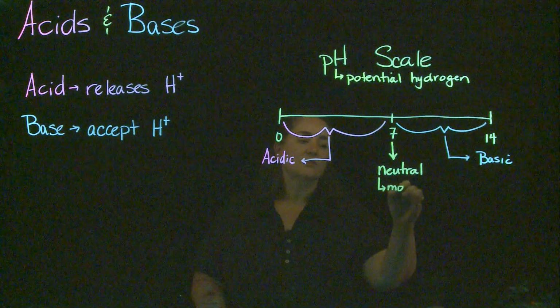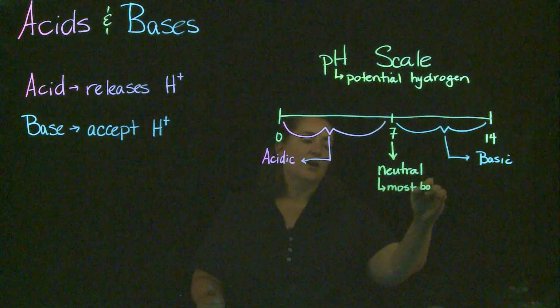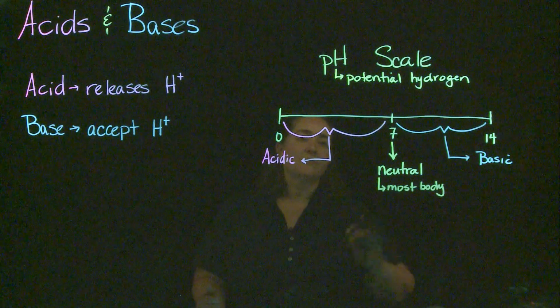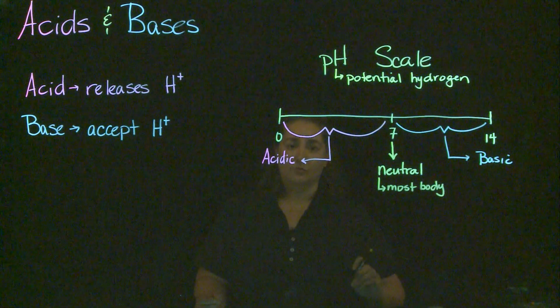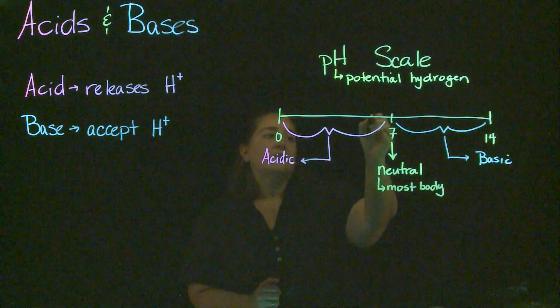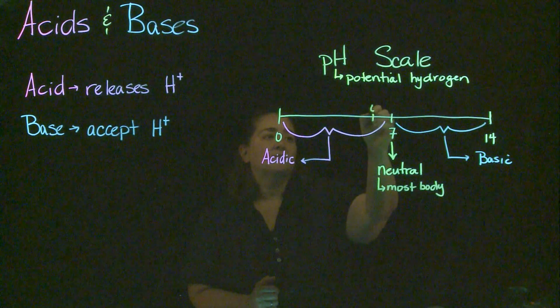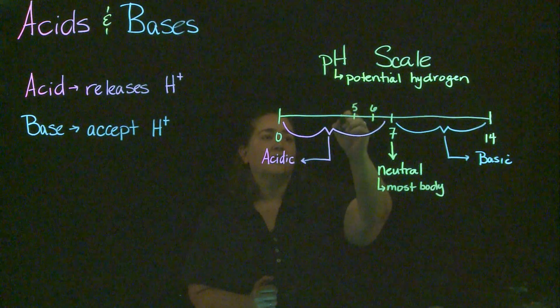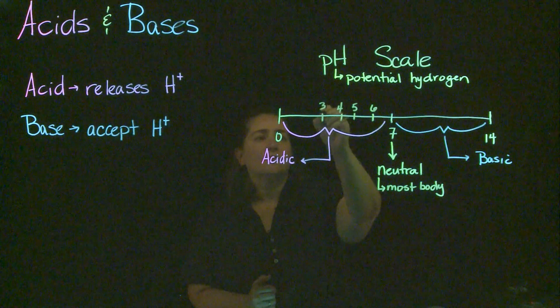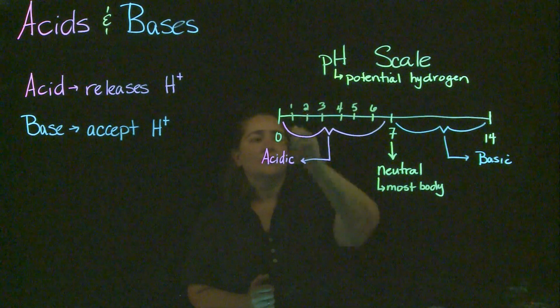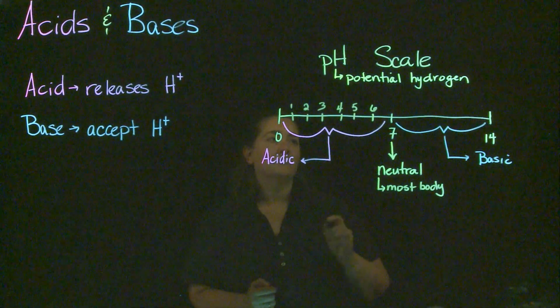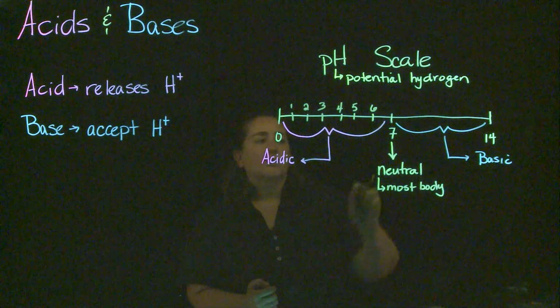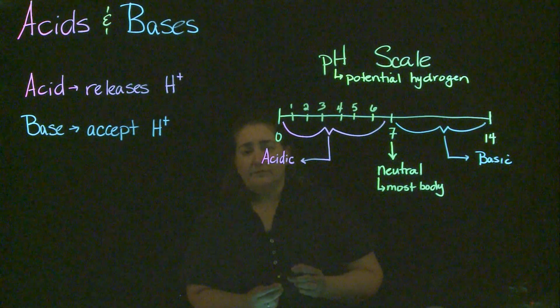Most of your body is going to fall in and around neutral, all right. Now in terms of that pH scale, we've got 6, 5, 4, 3, 2, and 1, okay. You notice we're moving in units of 1, all right.